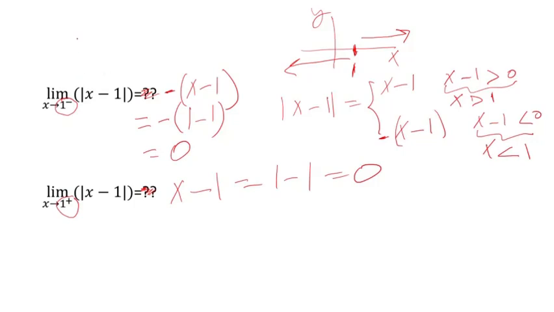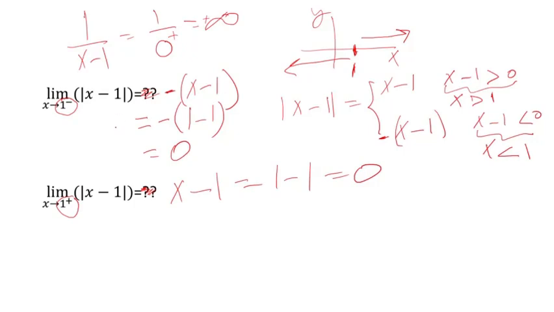For instance, let's assume you have 1 over x minus 1. If you replace x with 1, it's going to give you 0. But if it's to the right of 1, it means it's 0 positive. 1 over 0 positive is just plus infinity.